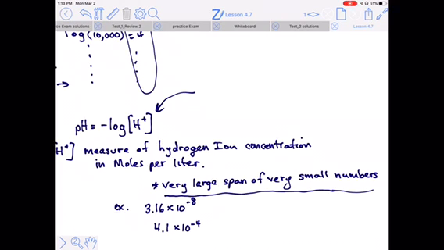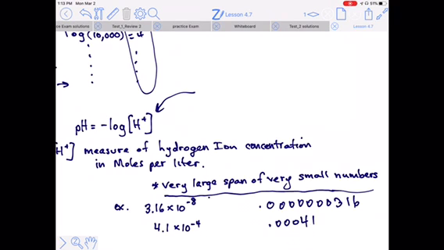For example, 3.16 times 10 to the negative 8. That's 7 zeros, like that. Or 4.1 times 10 to the negative 4. So those are both small numbers, but it's a very large span between those small numbers.